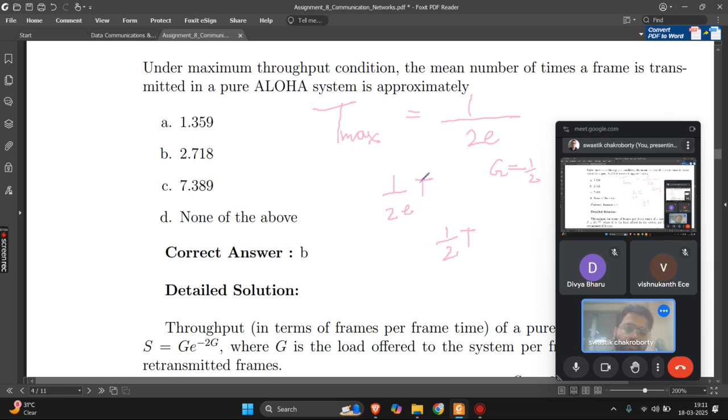Now only 1 by 2e of that will get transmitted.